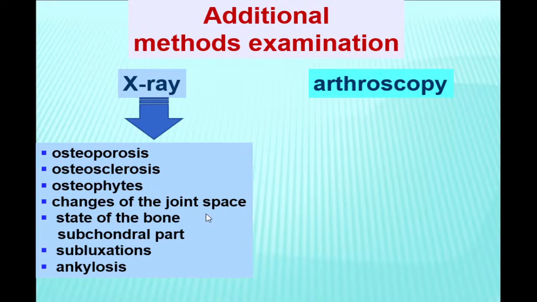We'll assess the surface and space, the joint slit, because if the joint slit is narrow, it explains why movement is limited. There may be revealed some limitation of movement, ankylosis, when the joint loses functional activity, and pathological position, subluxation.